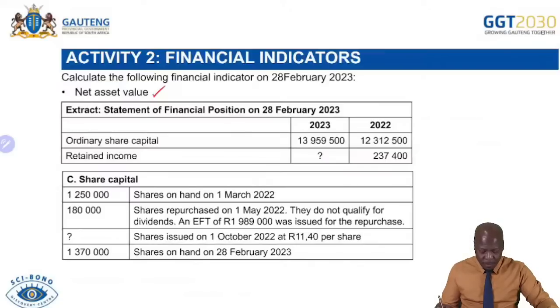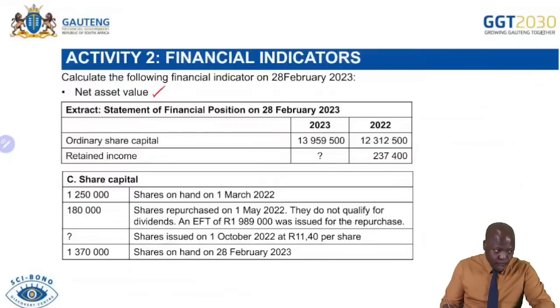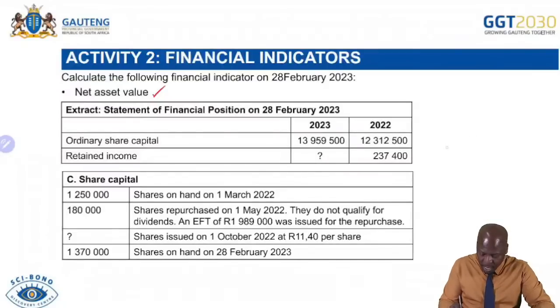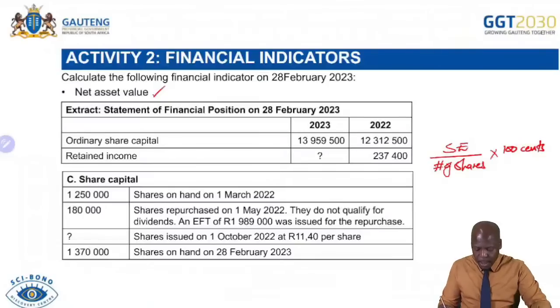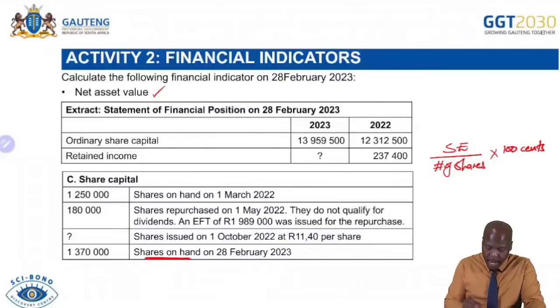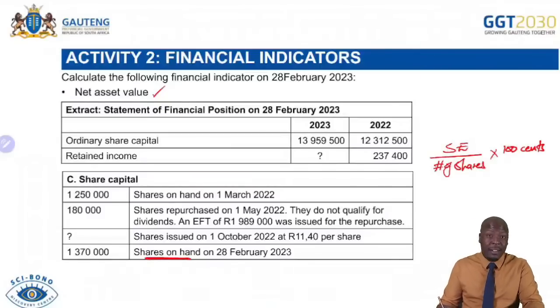And we know that when we're calculating the NAV, the formula is your shareholders' equity divided by the number of shares in issue, multiplied by 100 cents. All right? So it is my shareholders' equity divided by the number of shares on hand or in issue, and then multiply that by 100 cents.